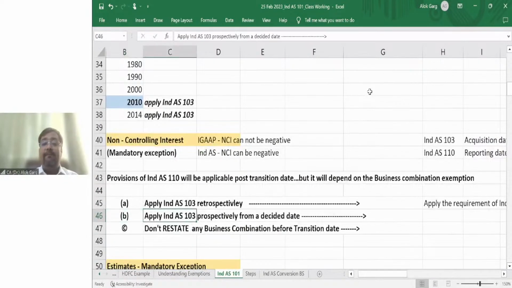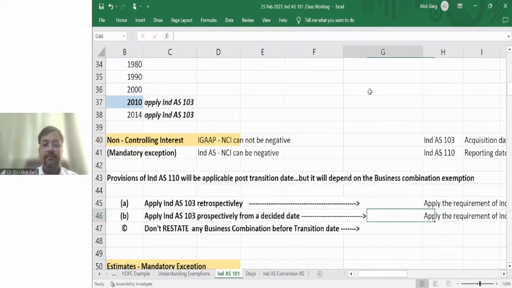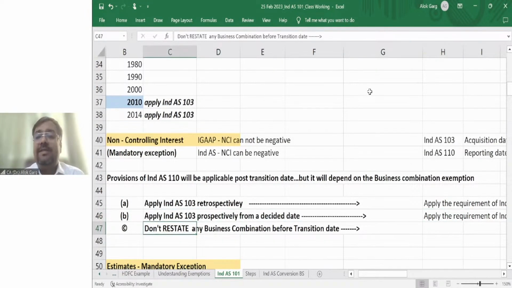If the company is applying Ind AS 103 prospectively from a decided date, apply the requirement of Ind AS 110 prospectively from that date. Don't restate any business combination before the transition date.